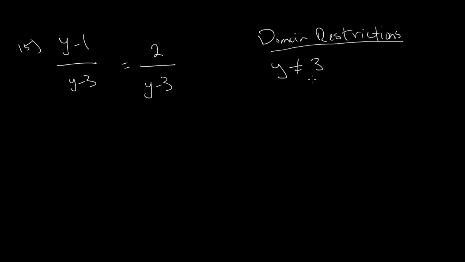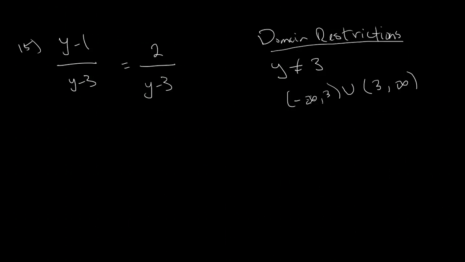That would give us an undefined number, and so the domain for y, all the possible values for y, is that y can go from negative infinity to 3, union with 3 to positive infinity, and both of these are rounded parentheses, meaning they don't include the 3.